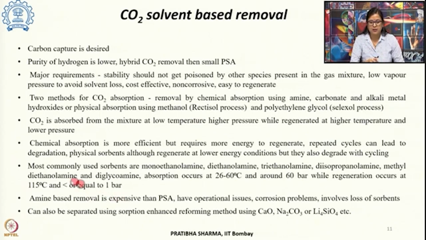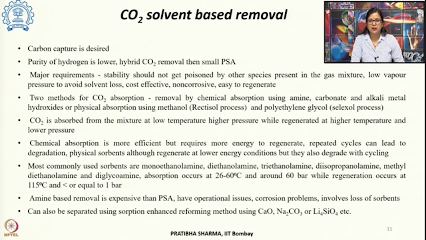Now amine based removal involves solvent cost, and at the same time solvent loss. Overall this method is expensive compared to the pressure swing adsorption method. It has operational issues, it has corrosion problems, and there is loss of sorbents involved in the process.